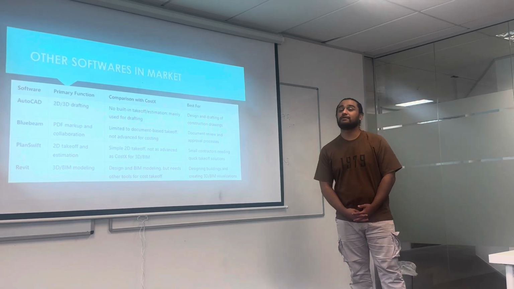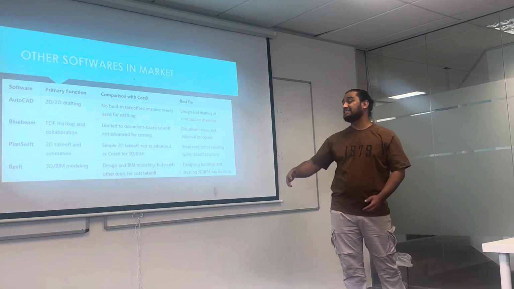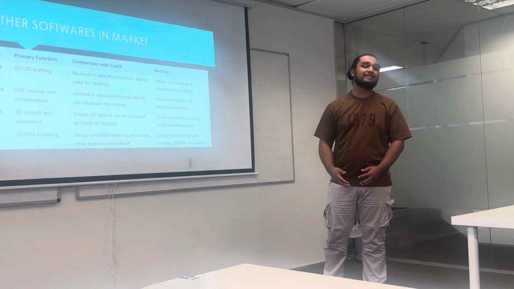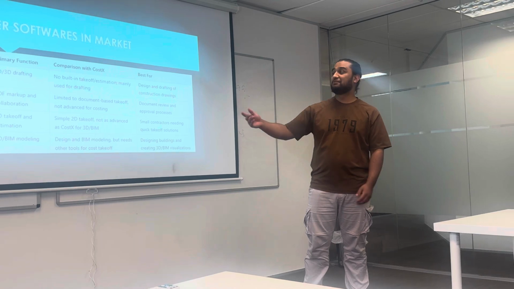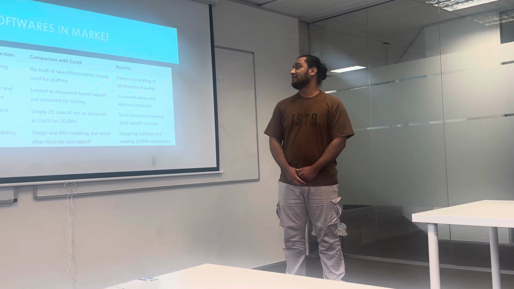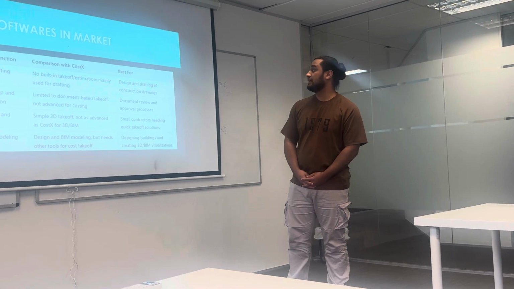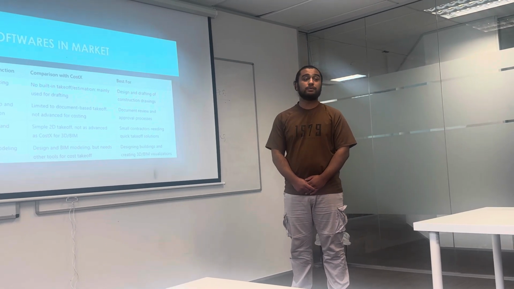So we prefer costx. Lastly, besides the drawbacks, each of these also has some best parts. First, AutoCAD is best for design and drafting of construction drawings. Secondly, Bluebeam is good for document reviewing and approval processes.